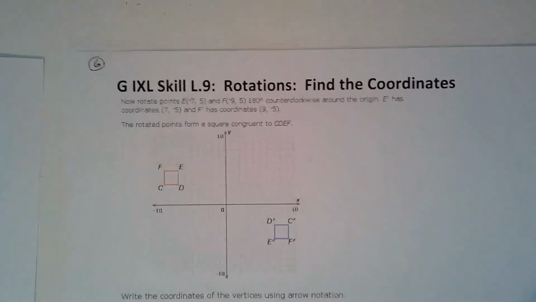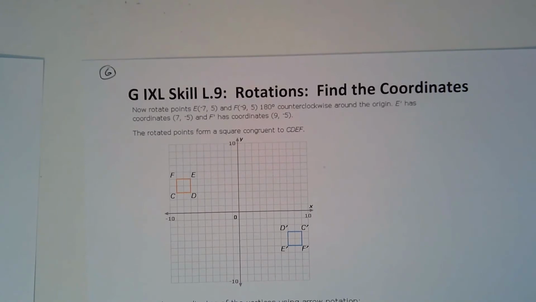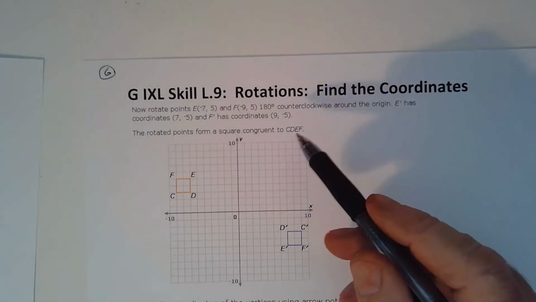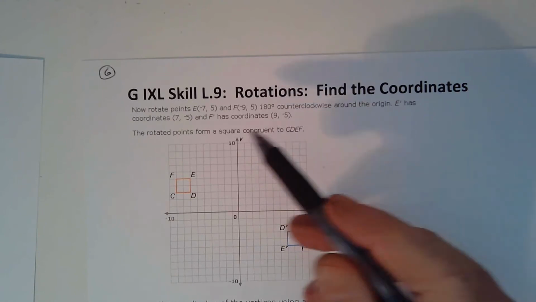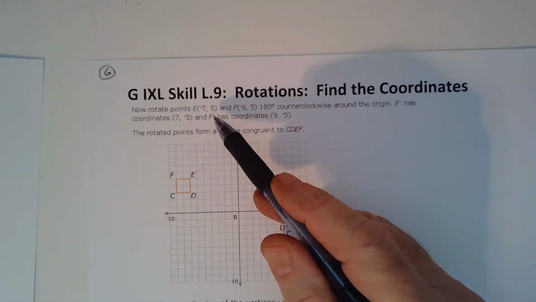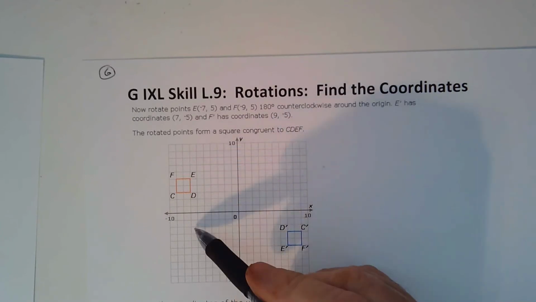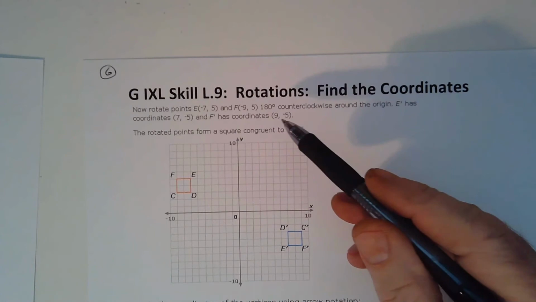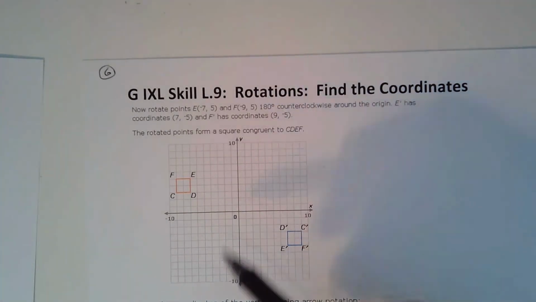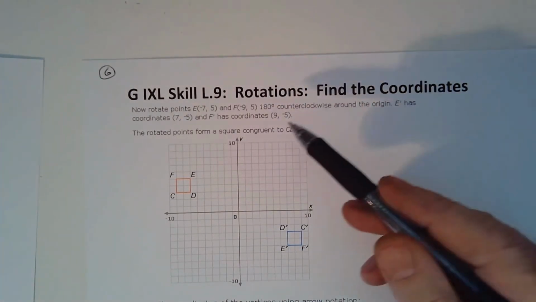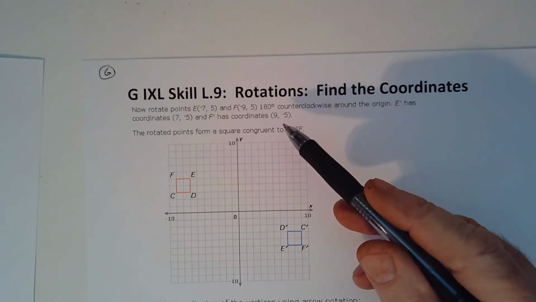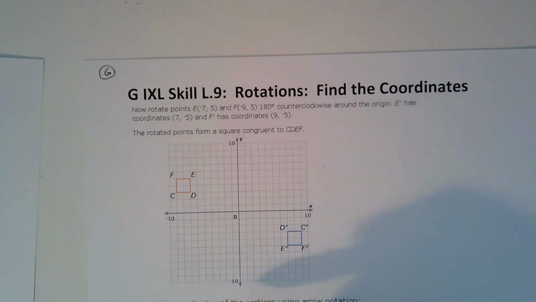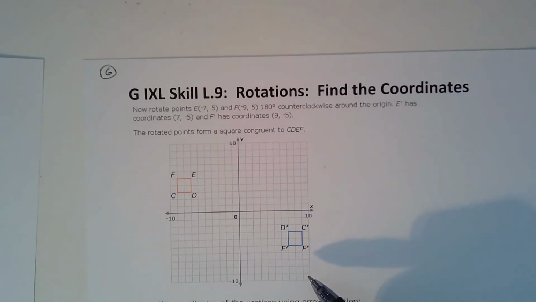All right. And so then they want to finish this, so they say, okay, now you're going to rotate points E and F, and they give you the coordinates. E's is -7 and 5, so you could figure that out by looking at this. And of course, it's shown here in the original problem. And F is -9 and 5, same thing. And you're going to rotate those 180 degrees clockwise around the origin.